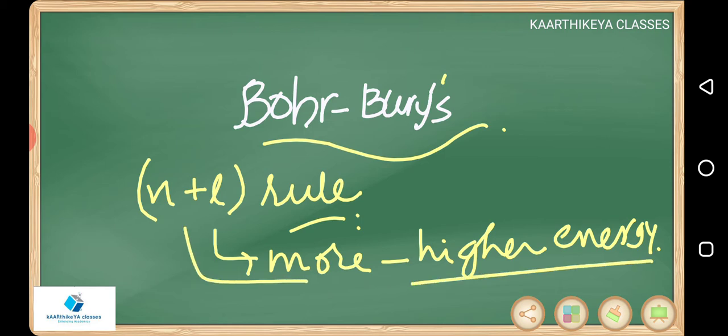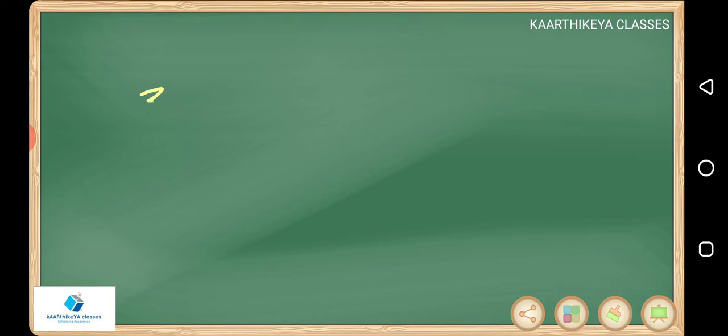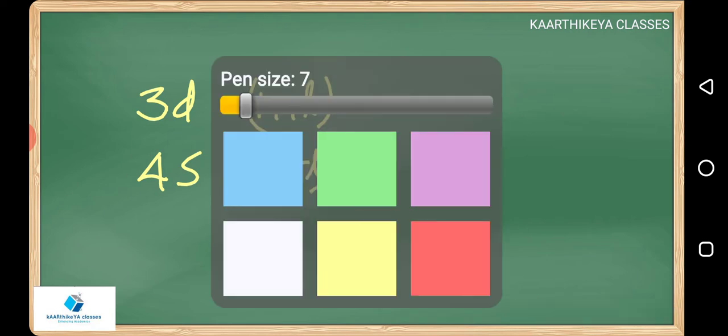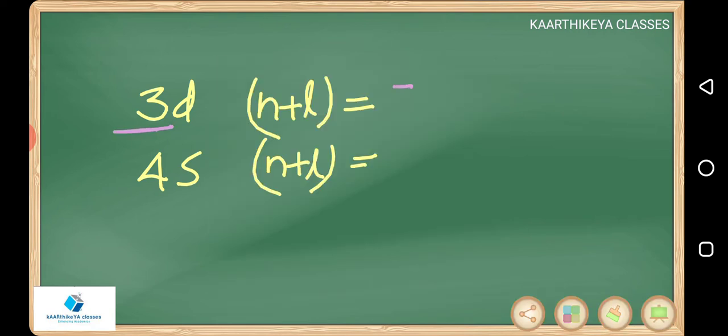Very simple logic. See, 3d and 4s orbitals I want to explain. n plus l value. See, this is n value. For d orbital, l value is 2.